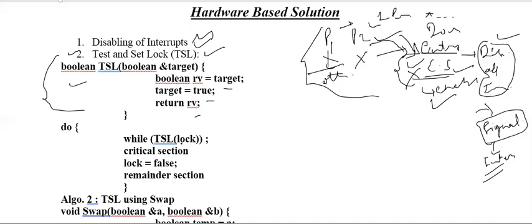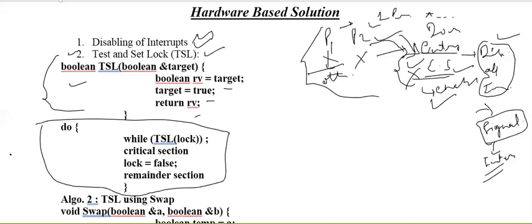Now how does it work? Let's pick this code for any process, suppose P1. Whenever that process arrives, the first thing it says is while TSL(lock).